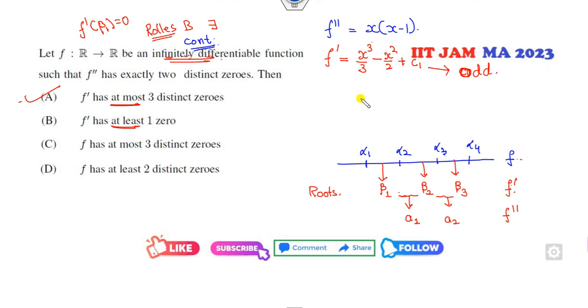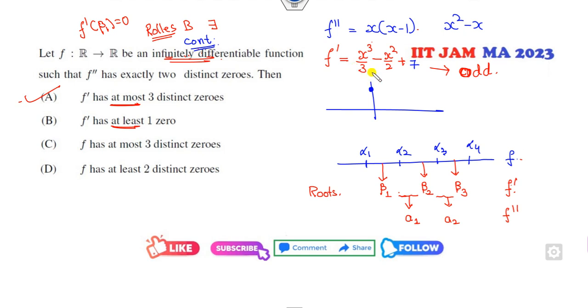Okay, fine. You can see it's a cubic, x square minus x, so it may have at least 1 root. Fine. You can see c is my constant. If I choose this constant as, say, 7, so f of 0 is 7. Fine.